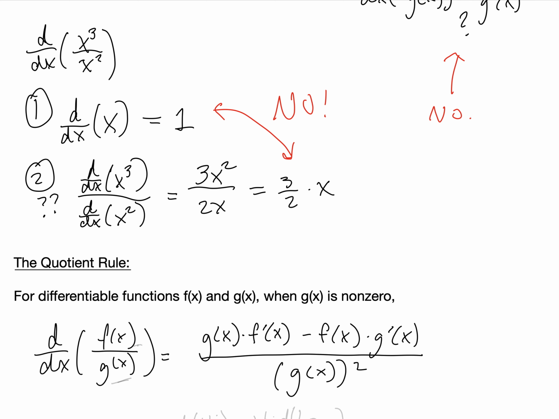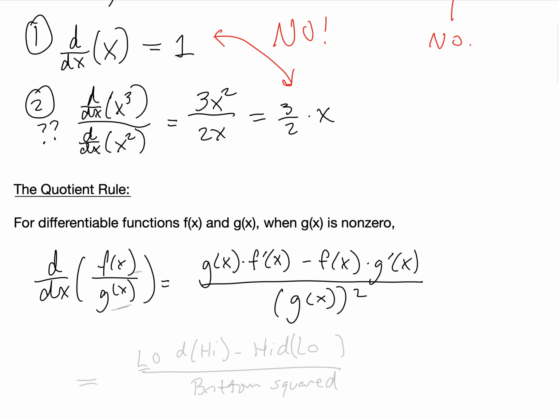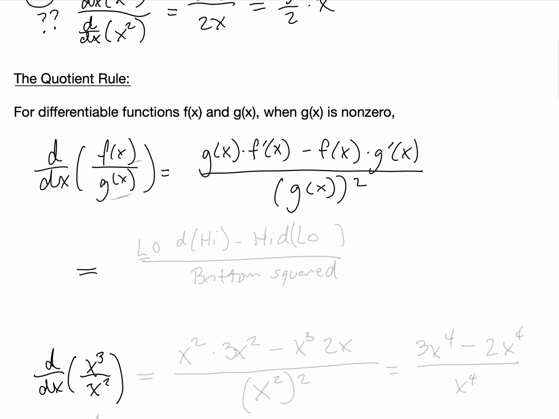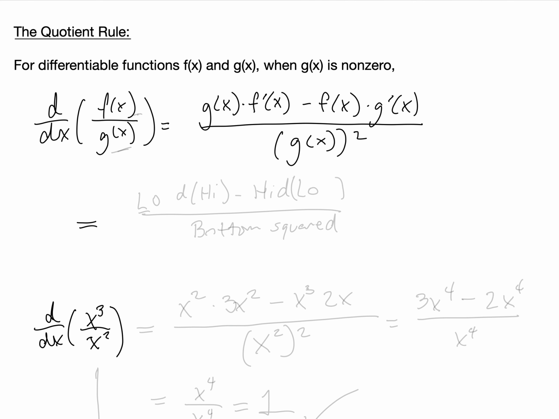So that's a bit of a mouthful, but I definitely want you to memorize it over the next week or so. You will be using it a lot. And a way a lot of people say it out loud is low d high minus high d low, all over the bottom squared.